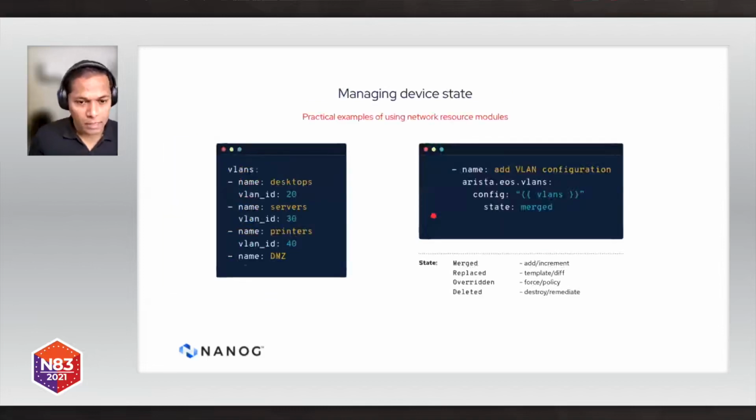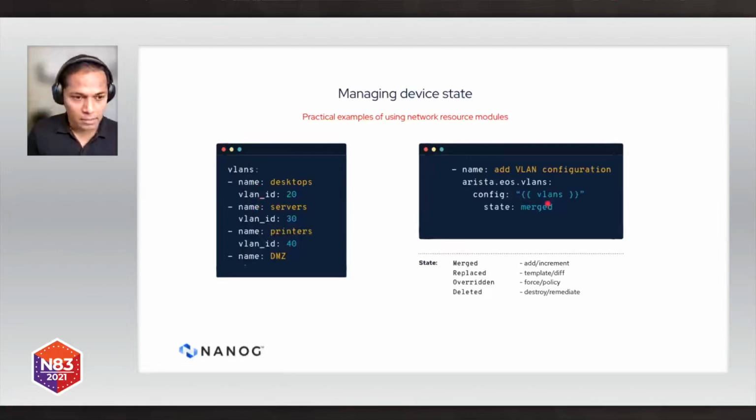So the resource module has a couple of states. The first one is a config option. This example talks about VLAN config management. The first option is config, and we are feeding in a VLANs variable. VLANs is again structured data, represented here as YAML. You can also provide JSON format. VLANs has a name and a VLAN ID. It can be a list of VLANs.